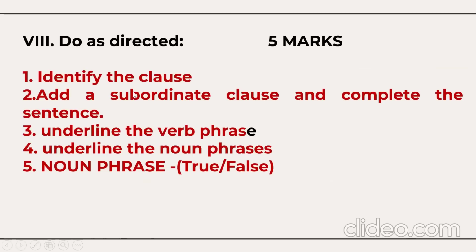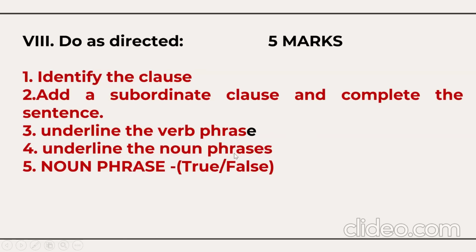Then the last question you have here, 5 marks questions, is directed based on some instructions. How? Identify the clause. You need to identify the clause from the sentences, and an incomplete sentence will be given. You need to add here some subordinate clause. Then again from a sentence you have to find out a verb phrase.